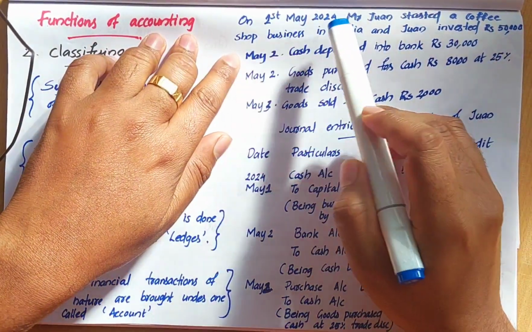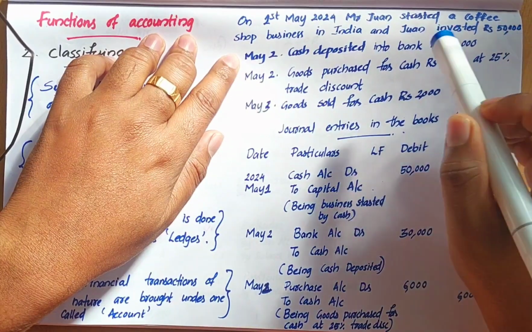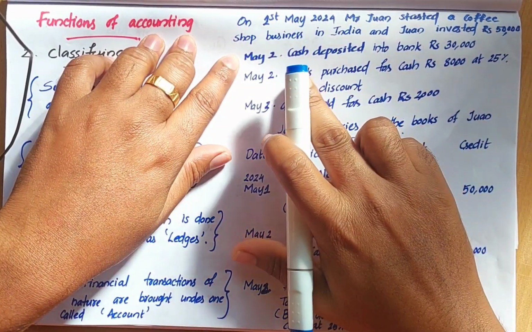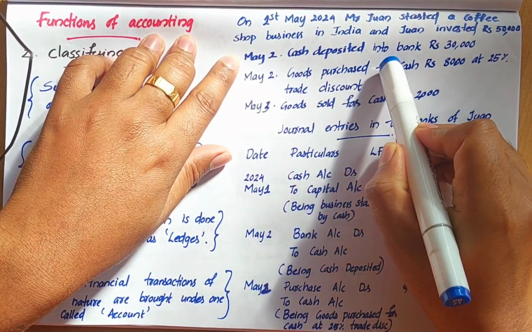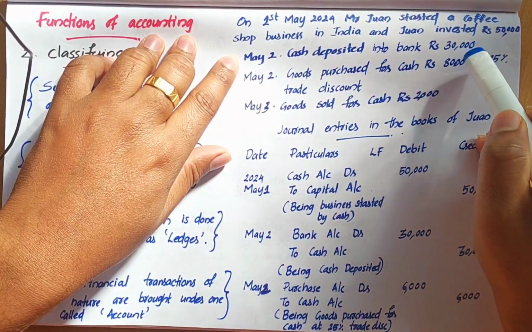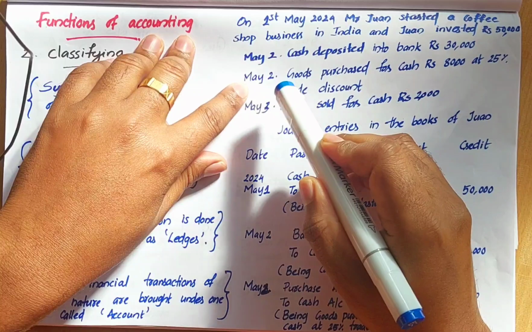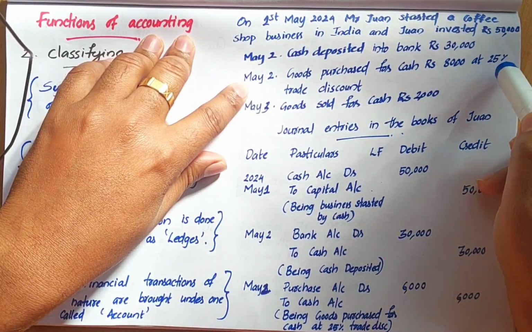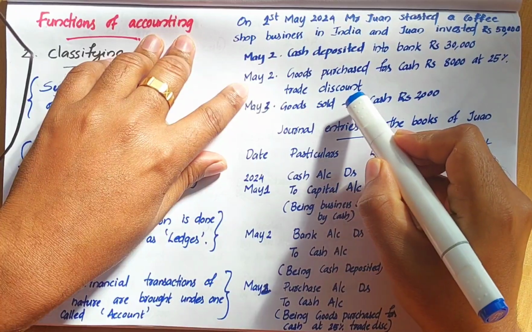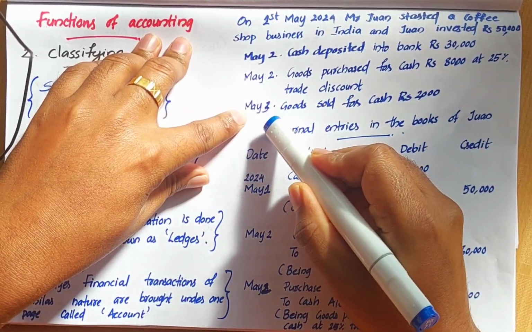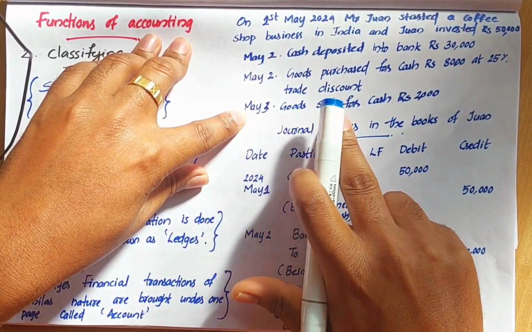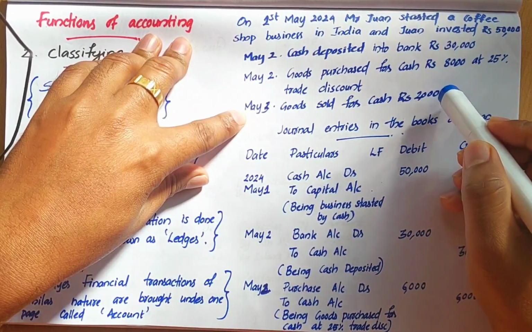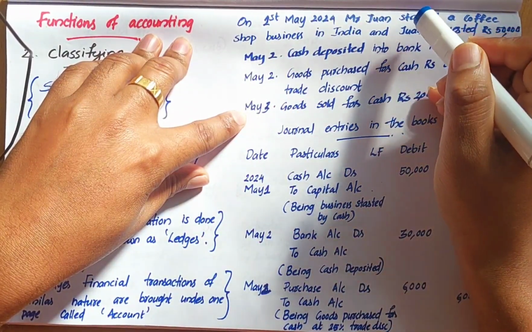On May 1st he started the business with rupees 50,000. On May 2nd, cash deposited into bank, rupees 30,000. The same day, goods purchased for cash, 8,000, at 25% trade discount. And on May 3rd, goods sold for cash, Rs 2,000. So these are the 4 transactions.